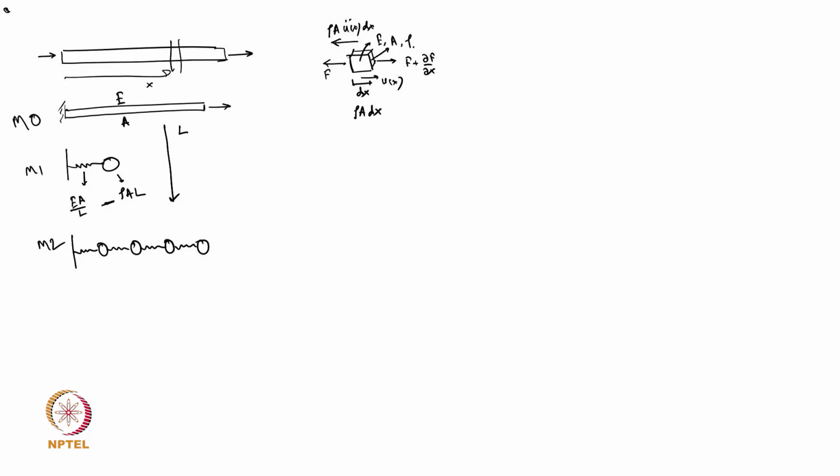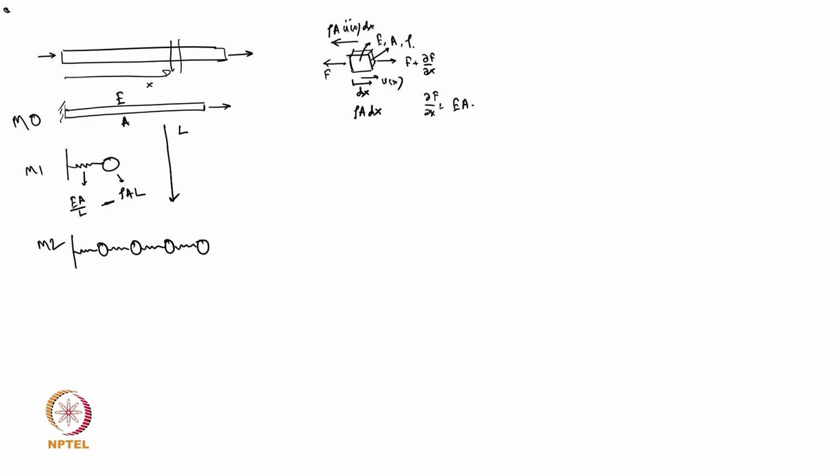Del F del x, EA, Young's modulus into area times, how will that be? Okay, so first let's assume that way.